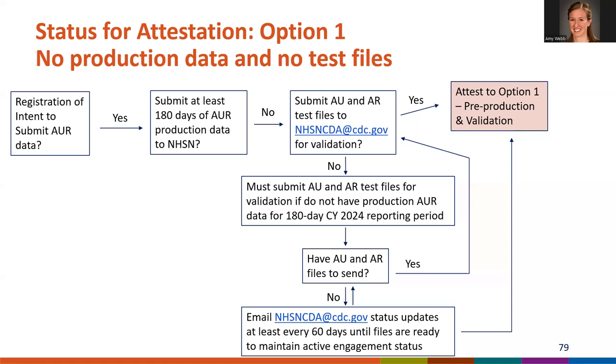If you don't have test files ready, you send us those status updates at least every 60 days. And as outlined by CMS, you're working towards the creation and sending of those test files this calendar year in 2024. So if you're actively working towards creating those test files for 2024, you can attest to option one, pre-production and validation.